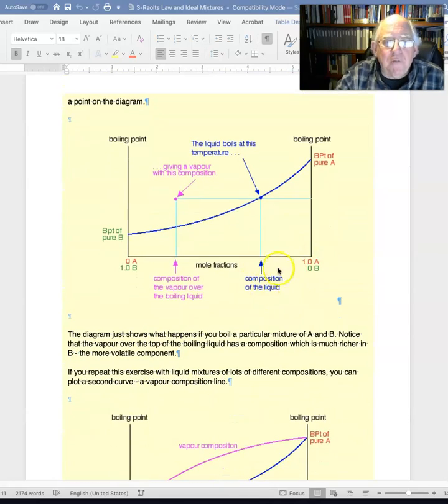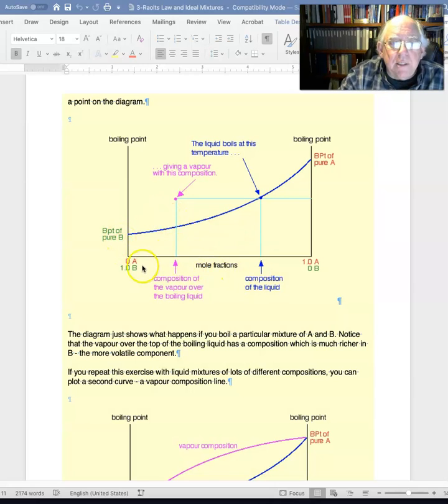If we start off with a liquid with this composition, we then recognize that what actually is sitting above that interface is a vapor that has more B than it has A, because B was more volatile.